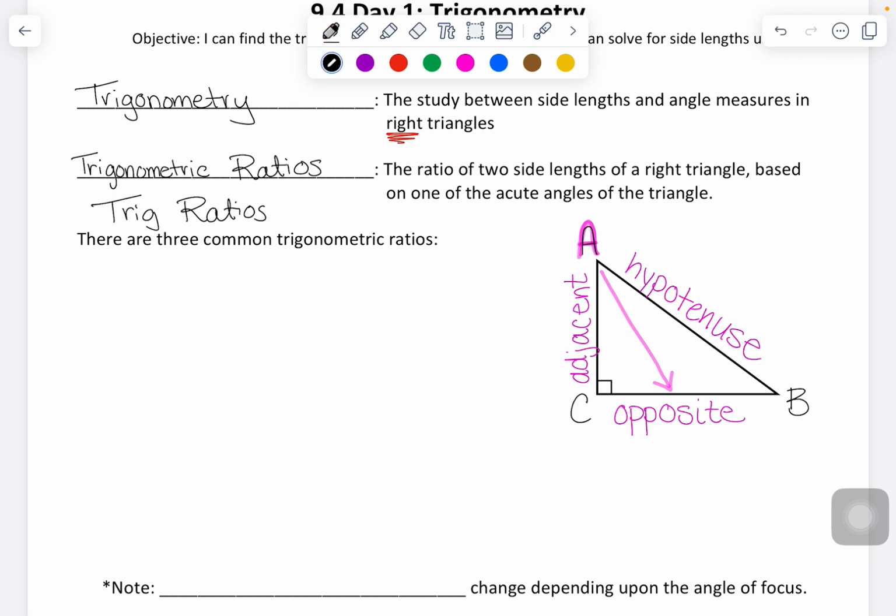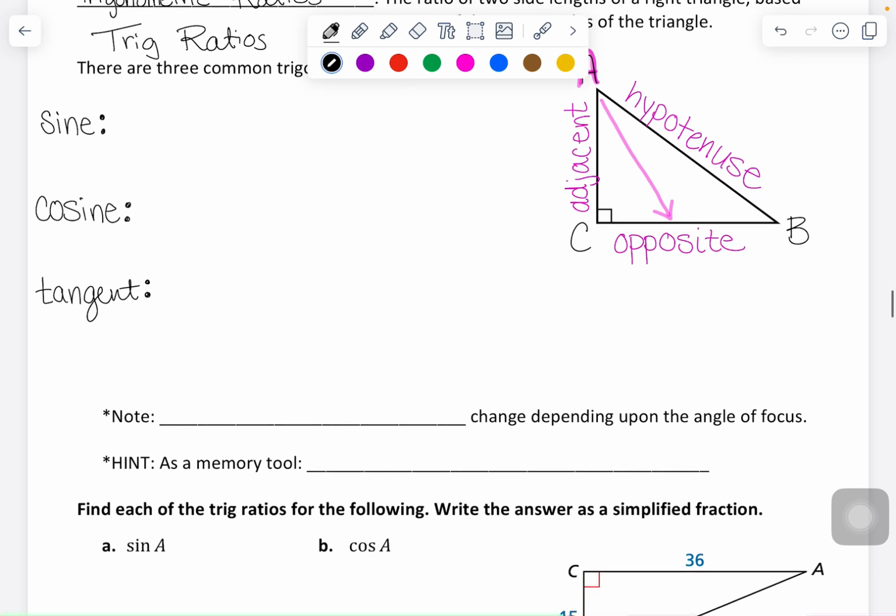So the three trig ratios work with these three sides of our right triangle, and the three trig ratios are known as sine, cosine, and tangent. Now, when we work with these trig ratios, first off, we don't tend to write out their full name most of the time.